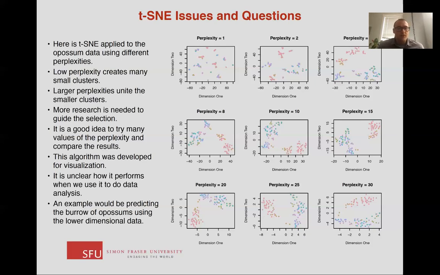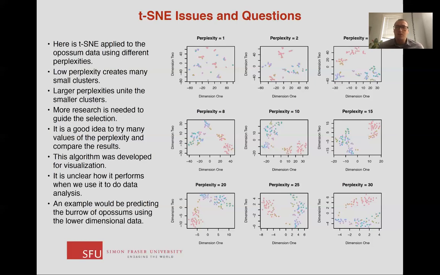So one thing to mention is this algorithm was developed for visualization. And so it's tempting to want to do data analysis on the lower dimensional representation of our data. And there are methods to do that. There are regression methods, for example, associated with PCA. For this particular method, stochastic neighbor embedding, it's not really clear how that works.